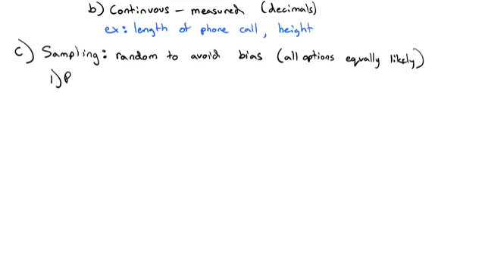So if random is best, let's take a look at a few random sampling methods. The first random sampling method is what we call simple random sampling.